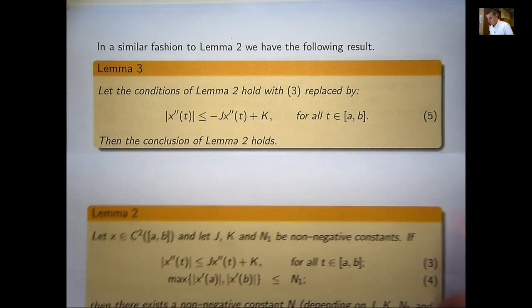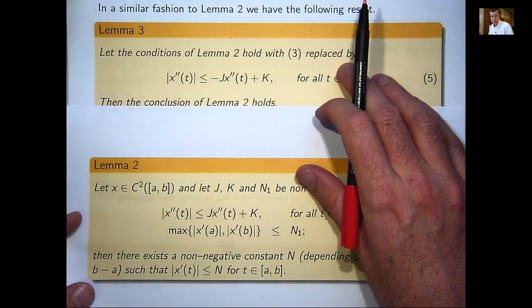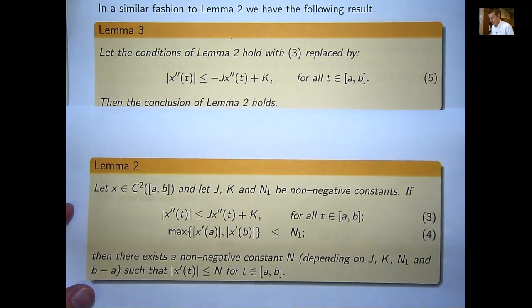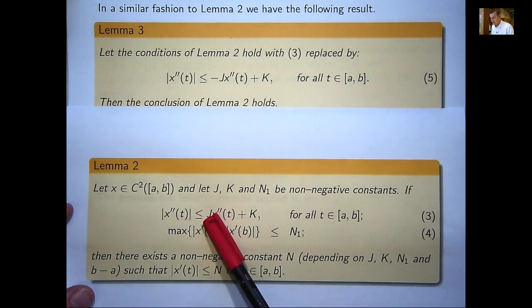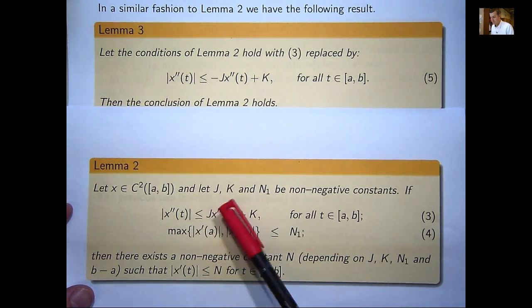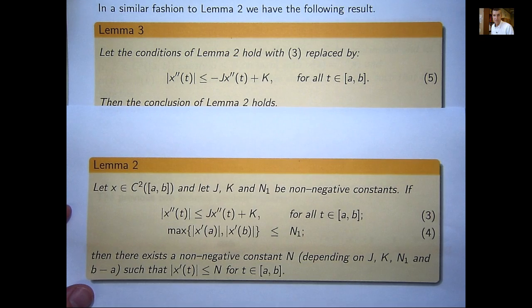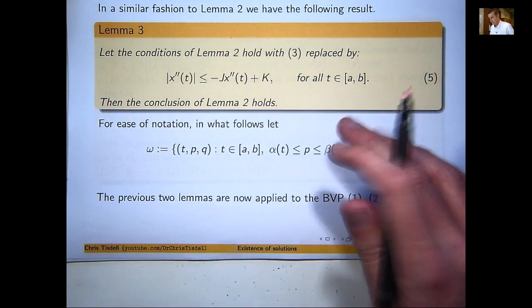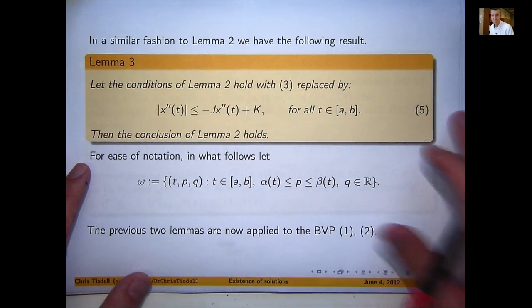Now, if you really wanted to steamroll lemma 2 and lemma 3 into one lemma, what you would do is you would just use this and say, well, j could be positive, negative, or 0. Okay? So if you want to combine these, you could. You'd have to split the proof up into 3 different cases.